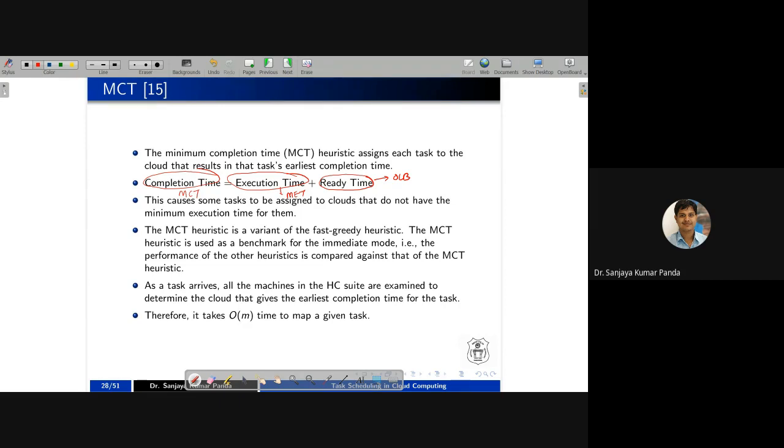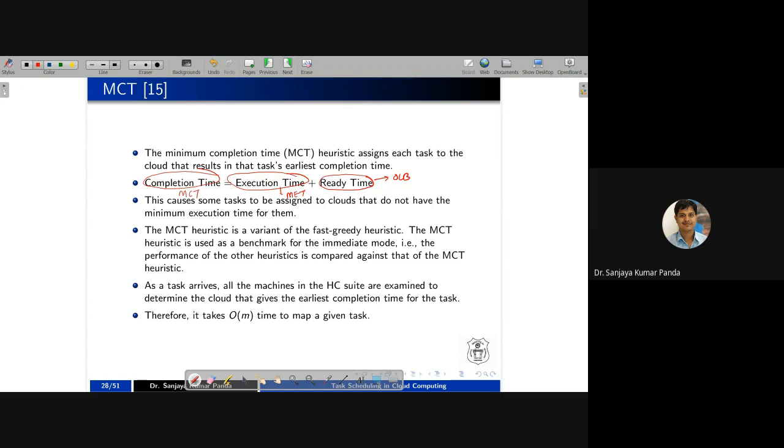Earliest ready time, you can say, right? But this heuristic says that select a particular cloud that results in the task's earliest completion time, right? So this causes some tasks to be assigned to the cloud that do not have the minimum execution time for them. Like previous example, I'll show you here.